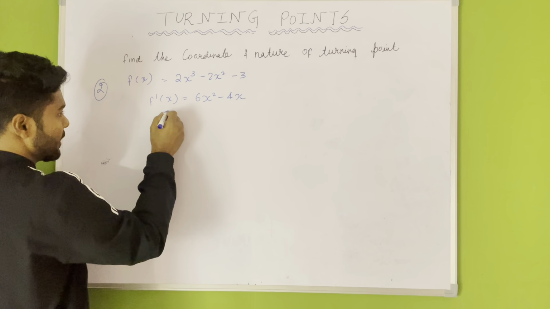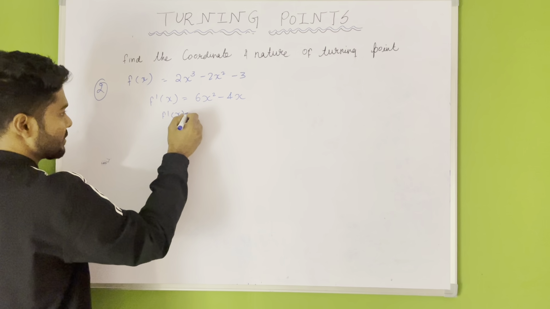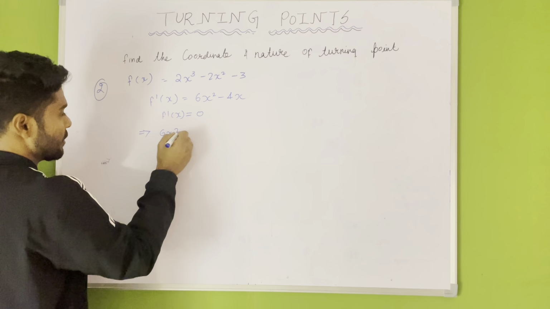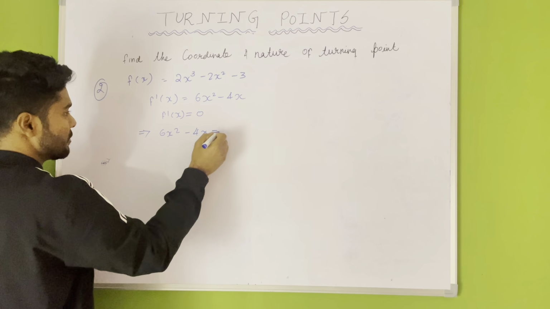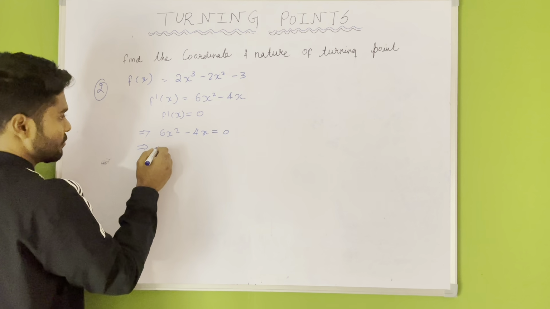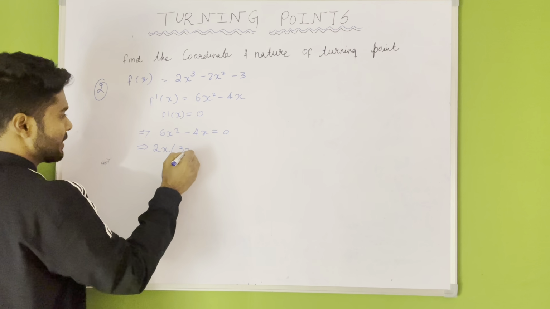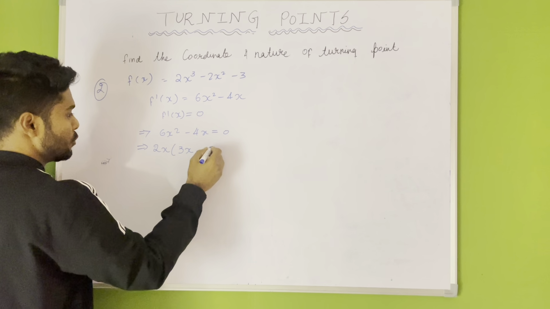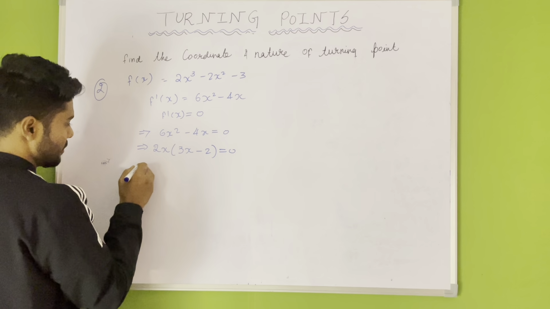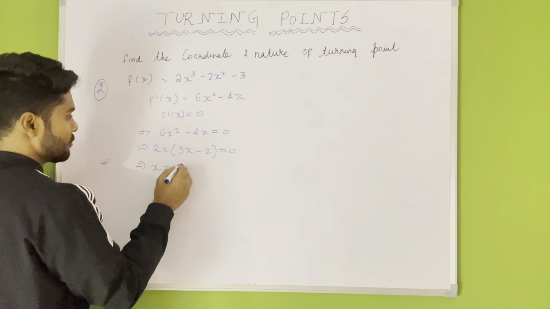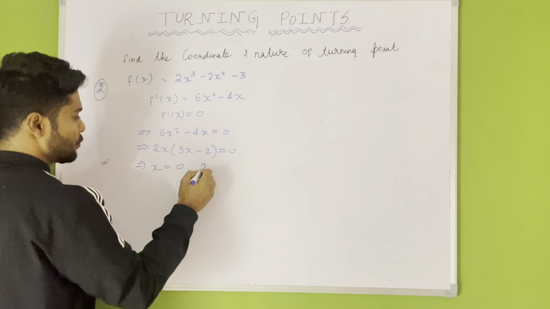Now we will put f dash x equal to 0. This implies that 6x square minus 4x is equal to 0. This implies we take 2x common, so 3x minus 2 is equal to 0. From here we have x equals 0 and 2 upon 3.